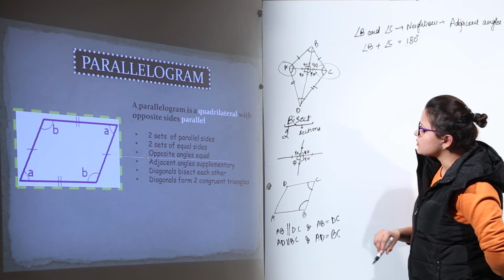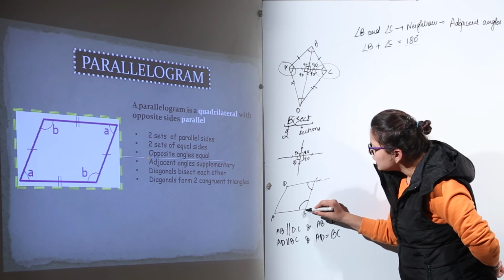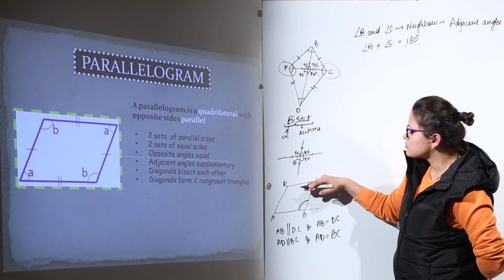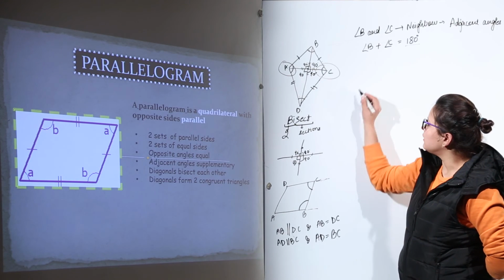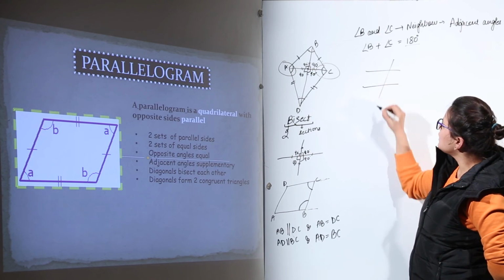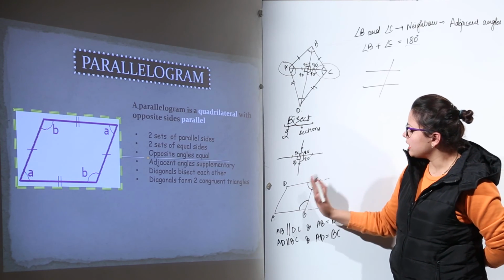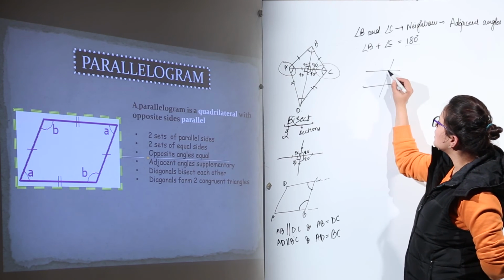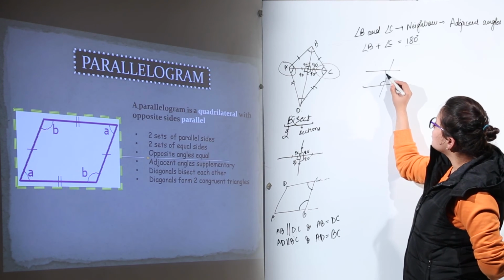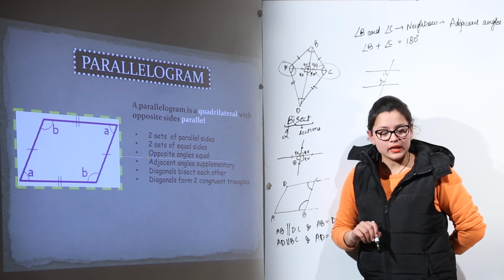Now how is that possible? You can check, as we have discussed in the property, that line DC is parallel to line AB. If two lines are parallel and I have been given one transversal, let's say these are the two parallel lines and this is the transversal provided, then both these angles, 1 and 2, are making co-interior angles.